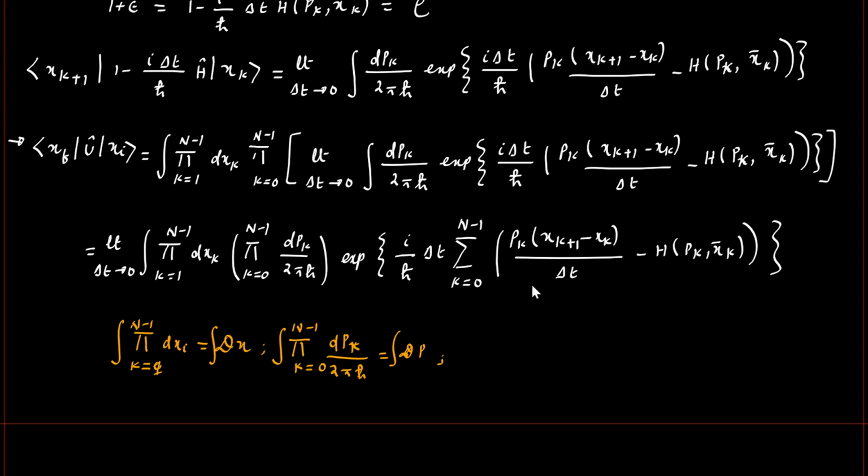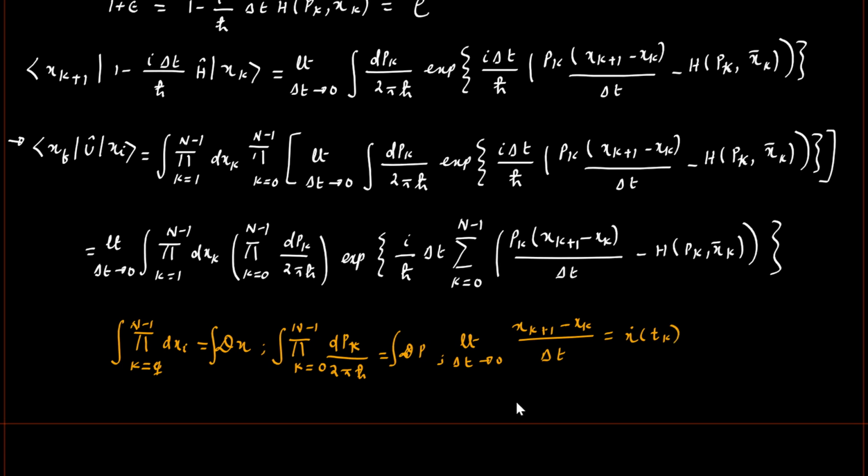And in the limit delta t tends to 0, this expression, x_{k+1} minus x_k divided by delta t, is nothing but our differentiation. So we will get x dot, which is a function of t_k.